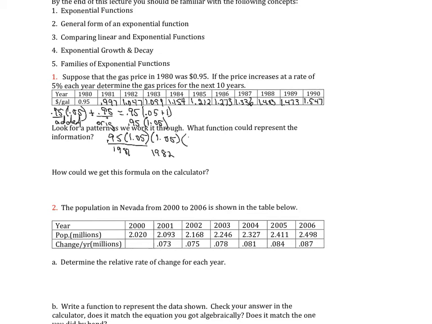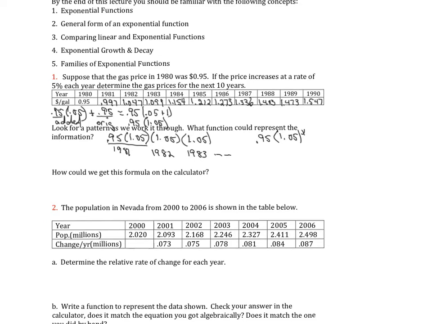And then multiply again by 1.05. That would give us the amount in 1983, and so on. So 0.95 times 1.05 to the x power is going to be that calculation, the formula that would get each of these values.